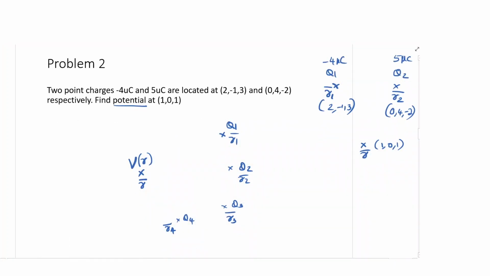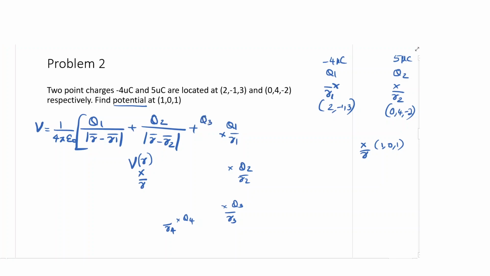So the equation for the potential V, a scalar quantity, is V equals, with the constant taken outside, 1 by 4 pi epsilon 0 into Q1 divided by the magnitude of vector R minus R1, plus Q2 divided by the magnitude of vector R minus R2, plus, if there is a third charge, Q3 divided by the magnitude of vector R minus R3.